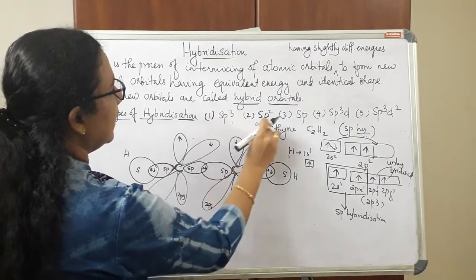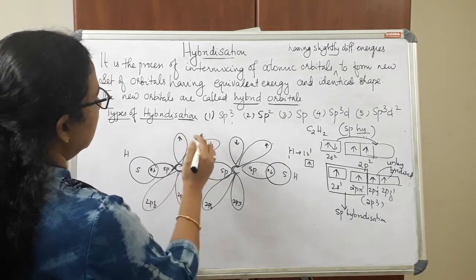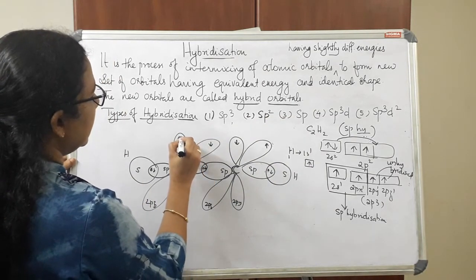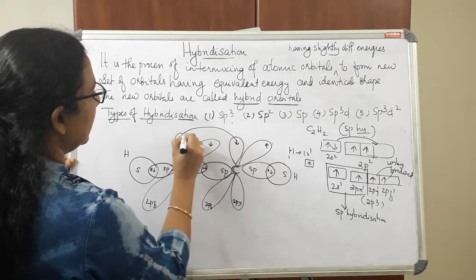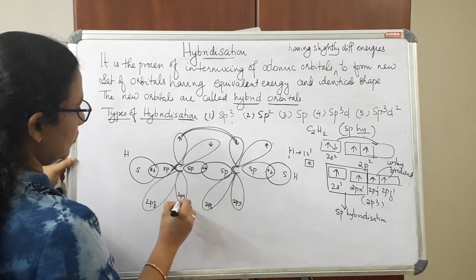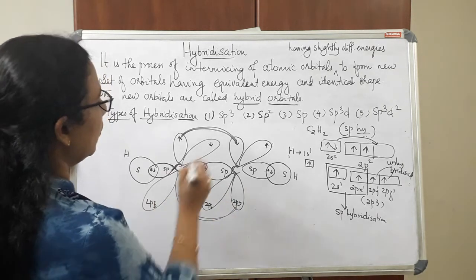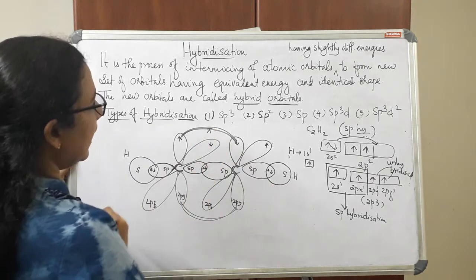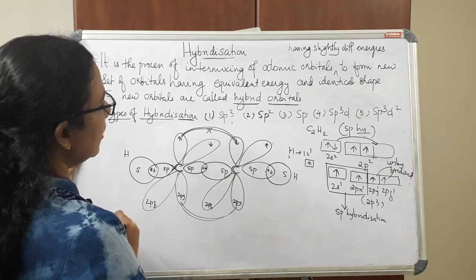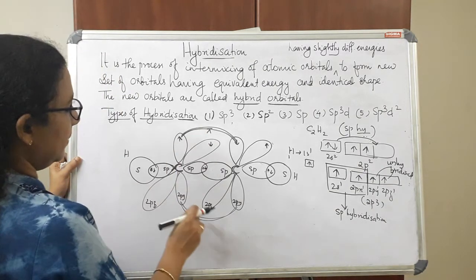Actually that overlapping will be sidewise overlapping, that is a lateral overlapping. So we can draw that lateral overlapping like this. So these 2py orbitals will overlap laterally, and since it is a lateral overlapping, we can call it a pi bond. So a pi bond will be formed here.